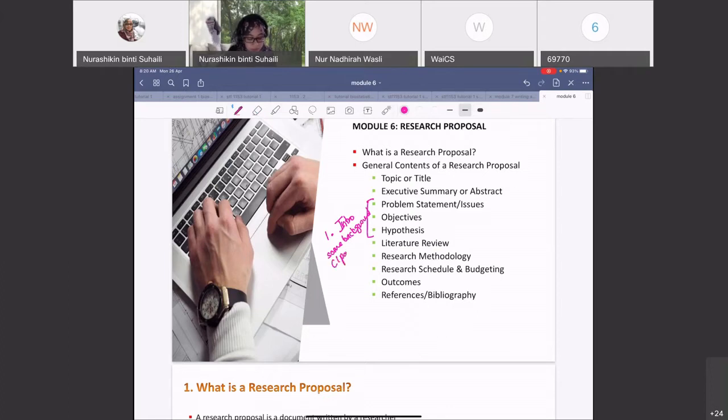After you introduce the subject matter, you slowly go into the problem statement, in the next paragraph.